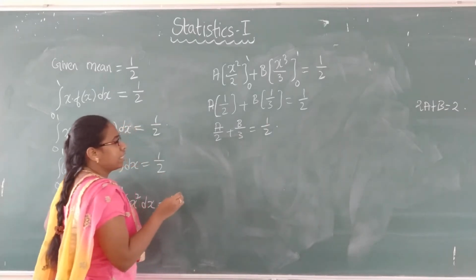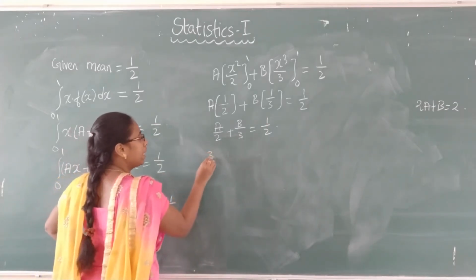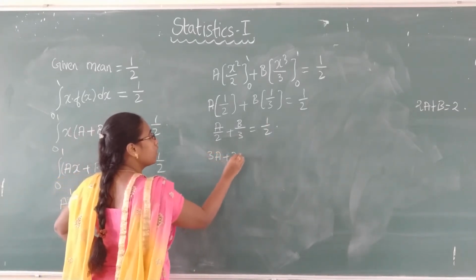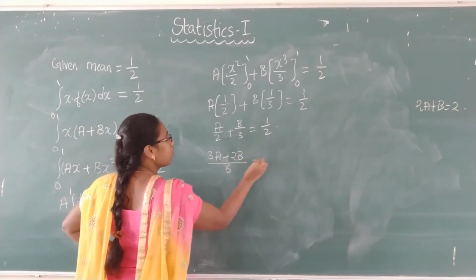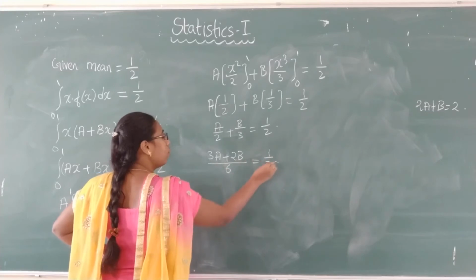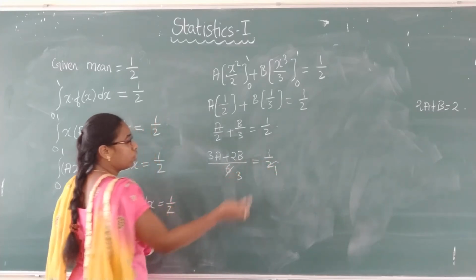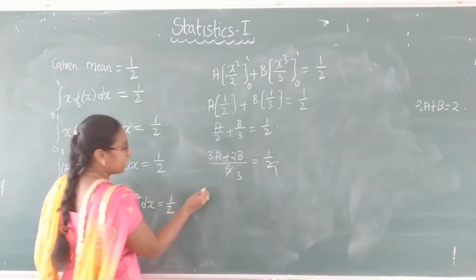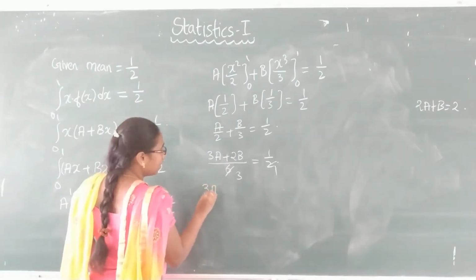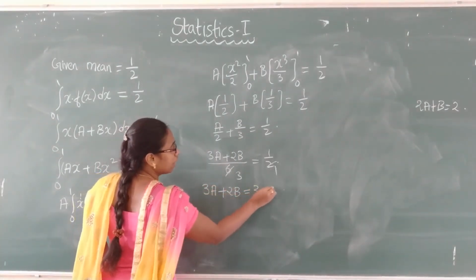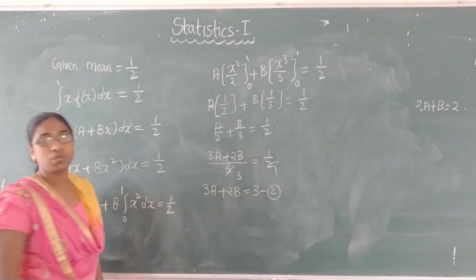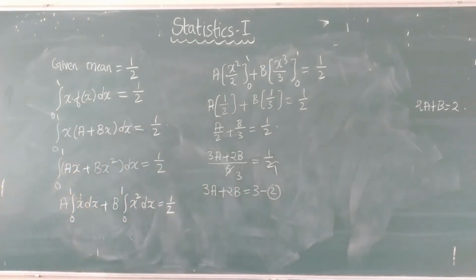Considering the LCM, we get (3a plus 2b) divided by 6 equals 1 by 2. Therefore, what is the second equation we get? 3a plus 2b equals 3. So we have equation 1 and equation 2. Now we will solve these two equations.